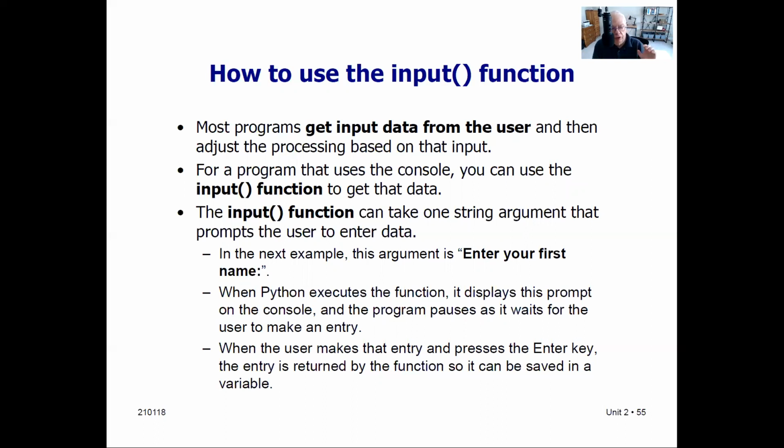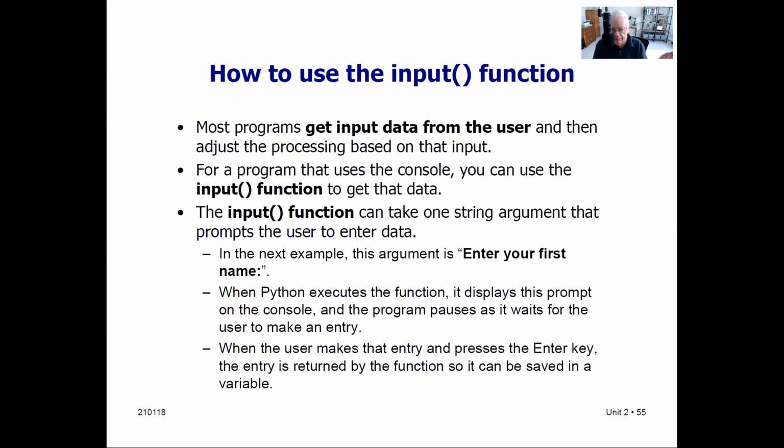So the input function from the beginning can do a couple of things. First off, it can be empty. The input will just be empty, and what it will do is stop the operation of your program, and it waits for your user to do something, even if that something is as simple as hit the enter key.